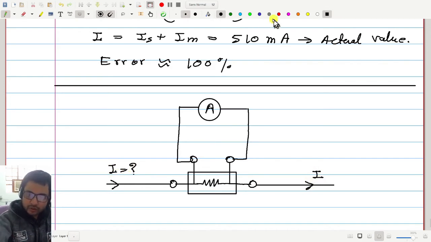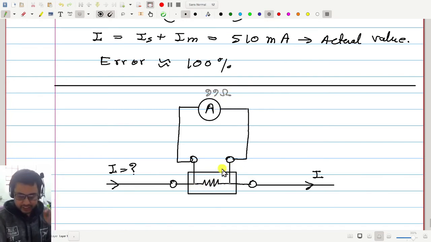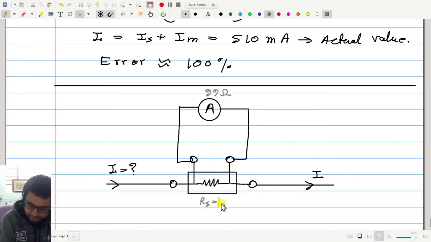Now this is 99 ohm. The resistance between these 2 points is previously known, calibrated to be RS equal to 1. But these junctions will add extra resistances.